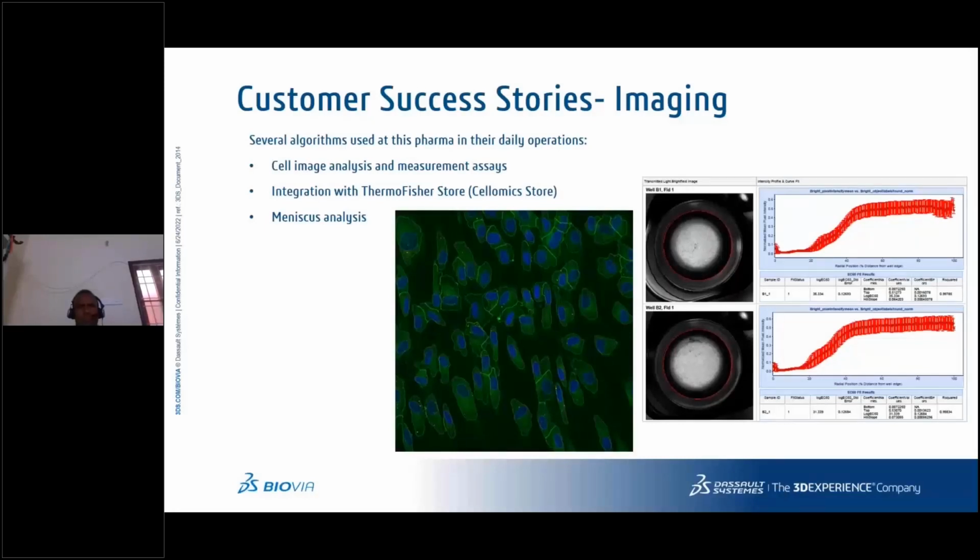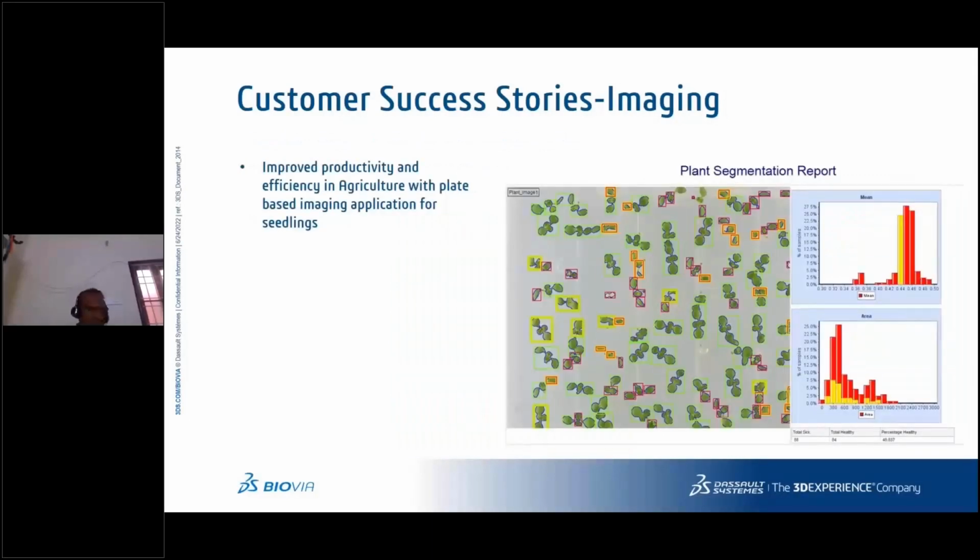There are several algorithms embedded within the program. Pfizer was actually working on this, where they have integrated this program with Thermo Fisher's Cellomics, and meniscus analysis can be done with this particular program. We have a company called Mendel Genetics.